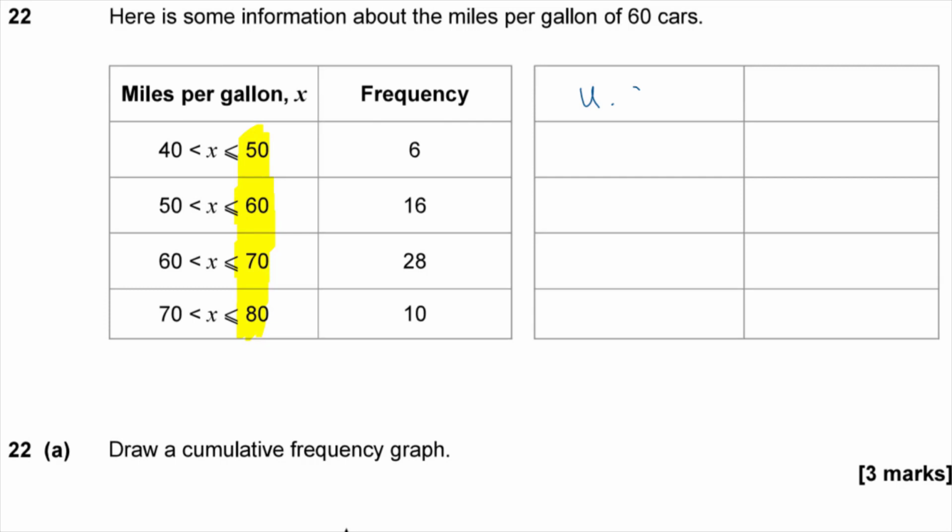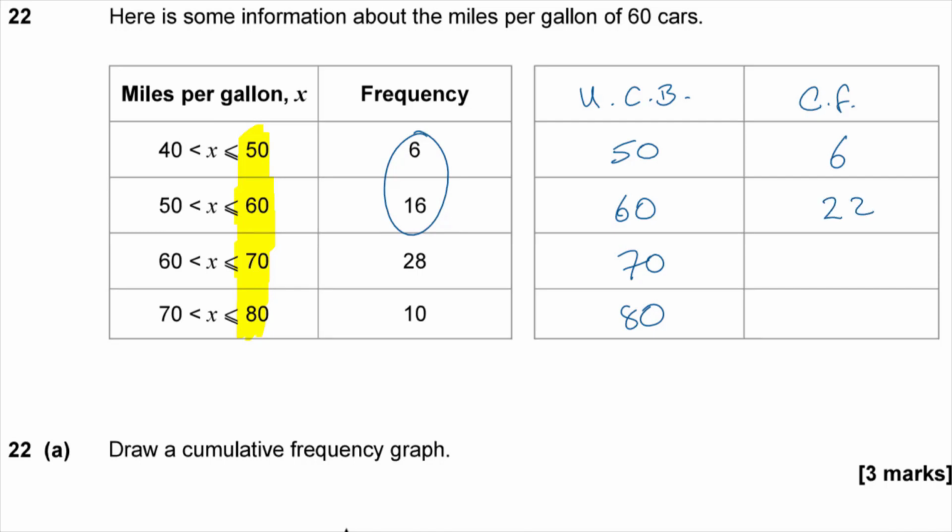So my upper class bound is going to be those values 50, 60, 70 and 80. And my cumulative frequency, well, my first cumulative frequency is the same as my frequency. My next one is going to be those two added together. 6 and 16 is going to give me a 22.